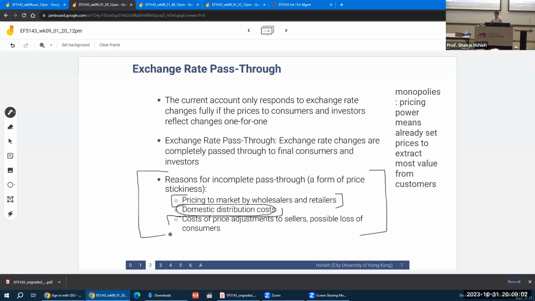Lastly, and it's related to this question here, right? If you are a monopolist, or it's a competition explanation. If you try to pass on additional costs onto your consumers because of changes in Q, that may actually lead to a loss of customers to your competitors.